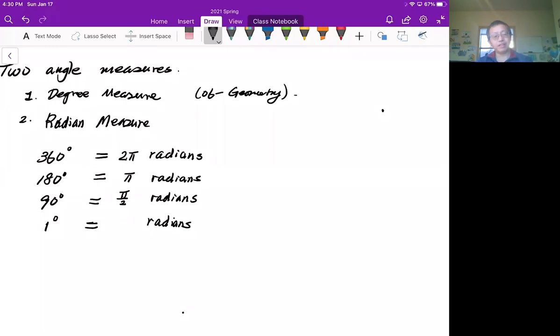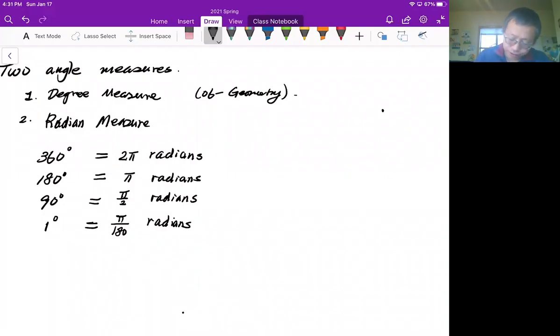You can write your answer in the chat. So 1 degree equals how many radians? Pi over 180. Yes, many of you got that. So that's equal to pi over 180.